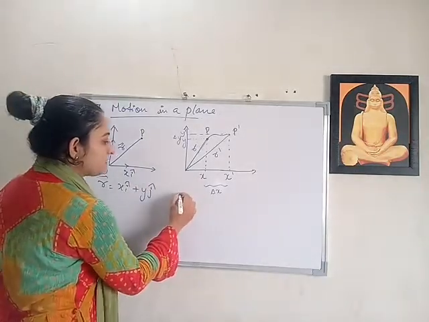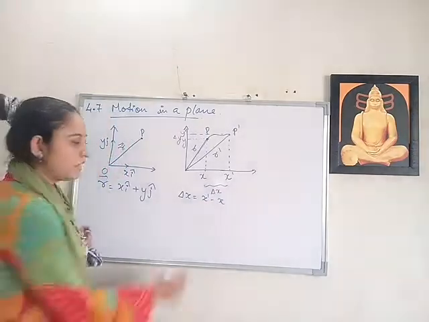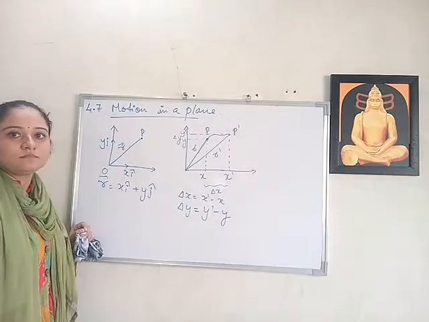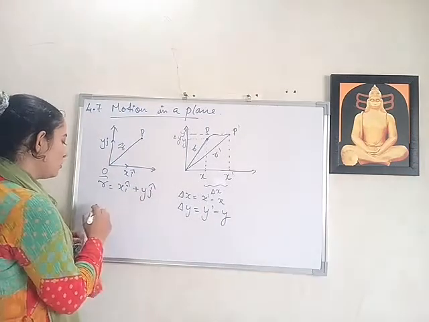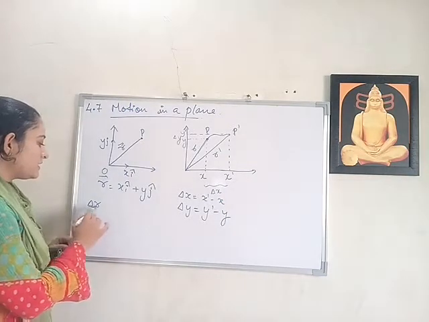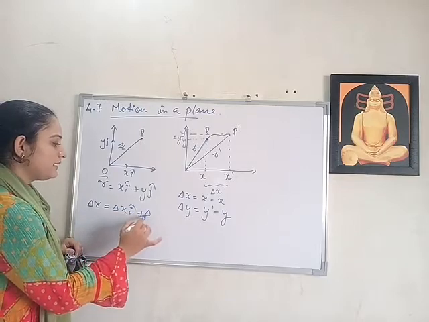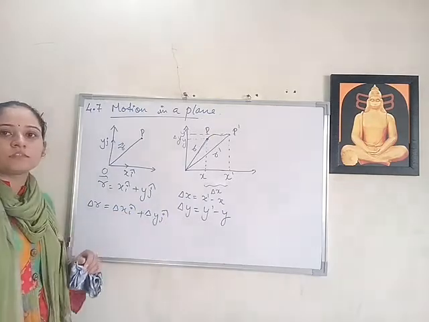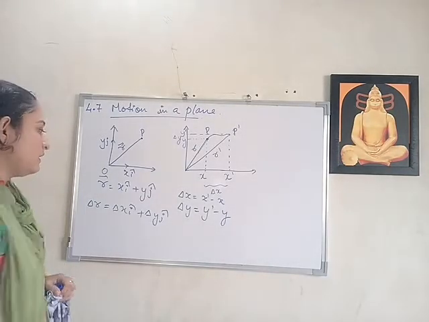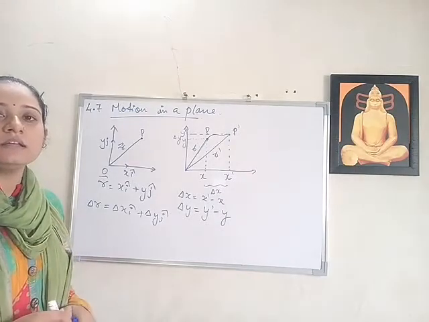So for this delta x equal to x dash minus x and delta y equal to y dash minus y. Clear? So change in position will be equal to delta xi plus delta yj. So this is your displacement along x and y axis. Clear? So this was the position and displacement.